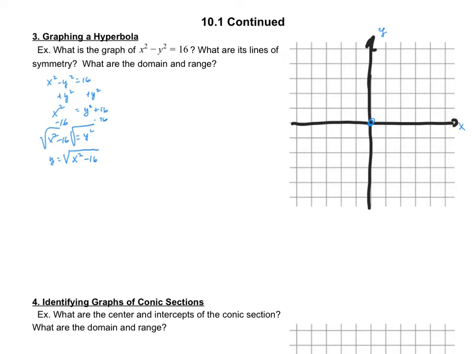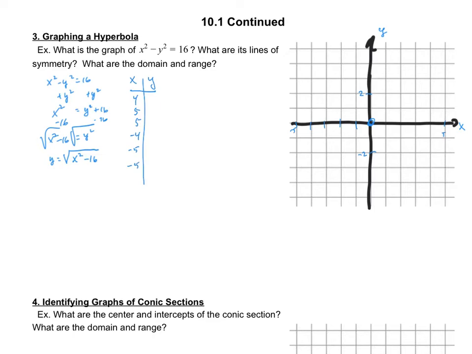So let's plug in some values for x and see what happens to y. We know we're not going to get much farther than -5 or greater than 5. So let's look at when x is 4, 5, -4, and -5.